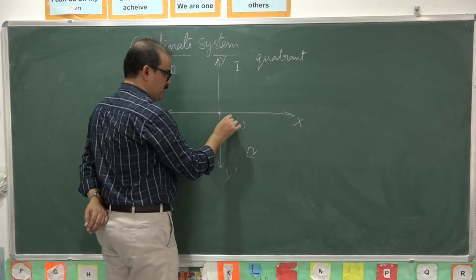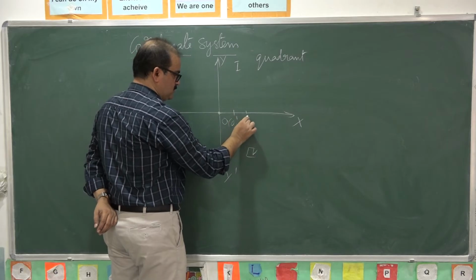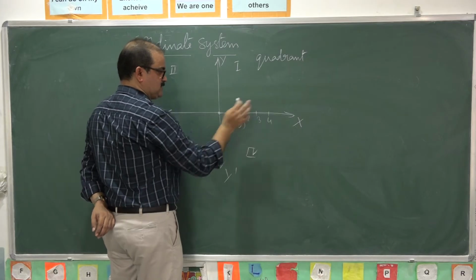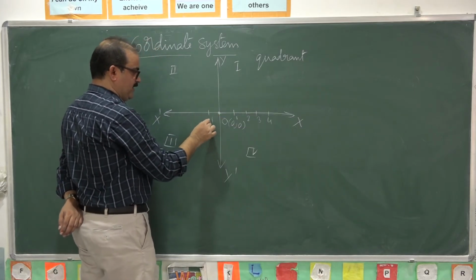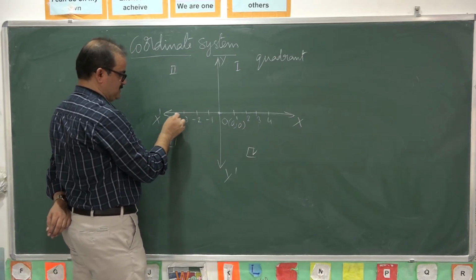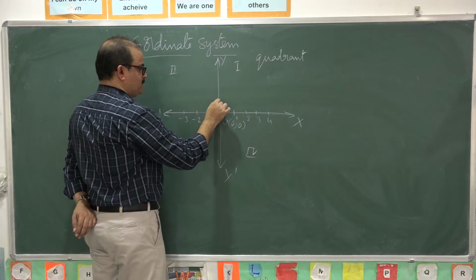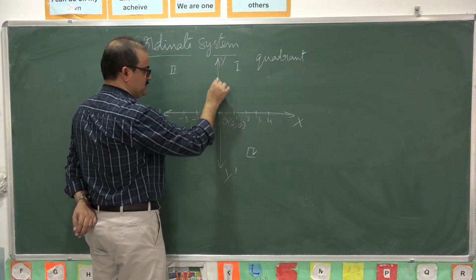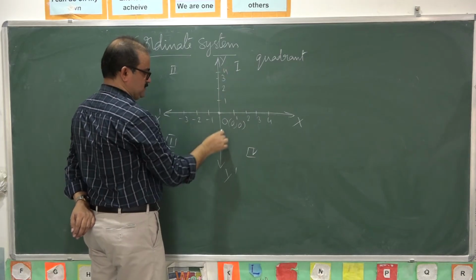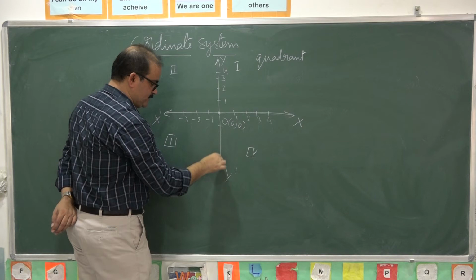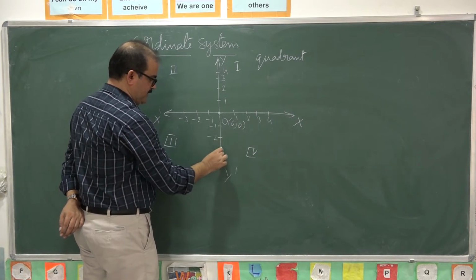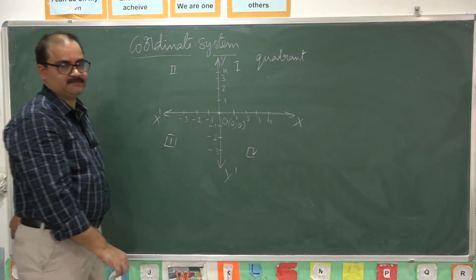Now you take the real numbers 1, 2, 3, 4 and so on, positive real numbers on positive x-axis, negative numbers on negative x-axis, -1, -2, -3 and so on. On y-axis, this is positive side 1, 2, 3, 4 and so on. This is negative side of y-axis, so you take negative numbers -1, -2, -3 and so on.